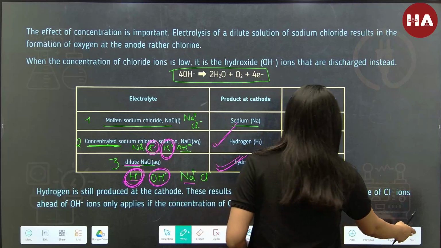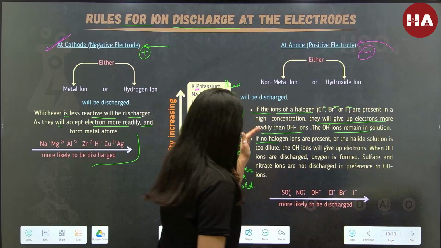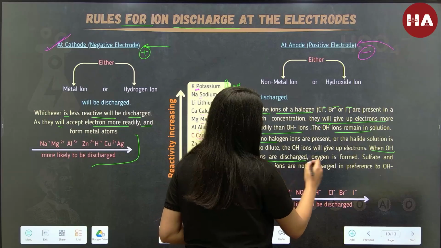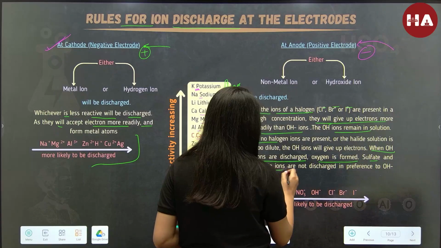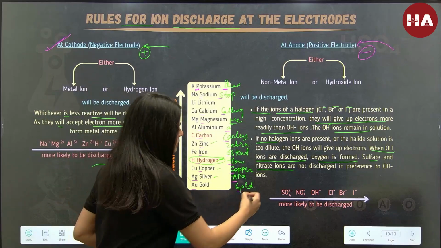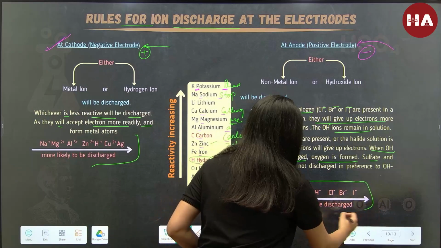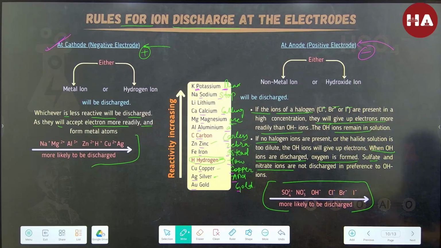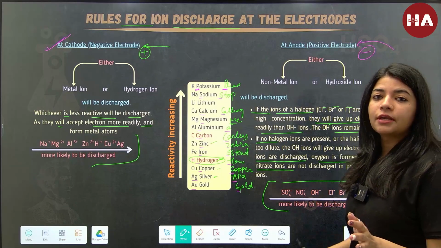Similarly, in these rules they are saying that when OH minus ions are discharged, oxygen is formed. Sulfate and nitrate ions are not discharged in preference to OH minus ions. This is the preference. Now please take a minute here and note this down. I hope the rules are clear to you.